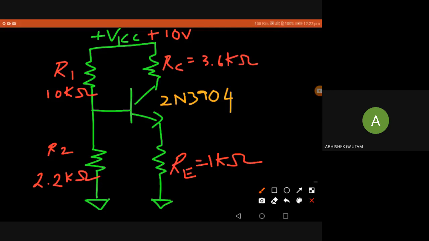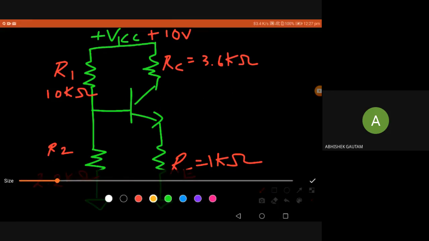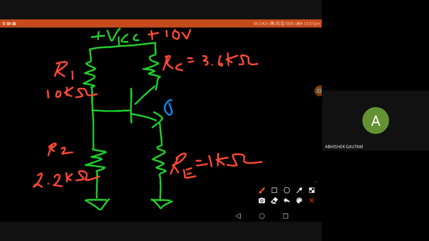To find the beta, you just need to go to the internet and search for the data sheet of this transistor. If you search the data sheet, you can find the beta of this transistor. So this is the way. Here I'm giving you the beta of the transistor, and take it as 250.